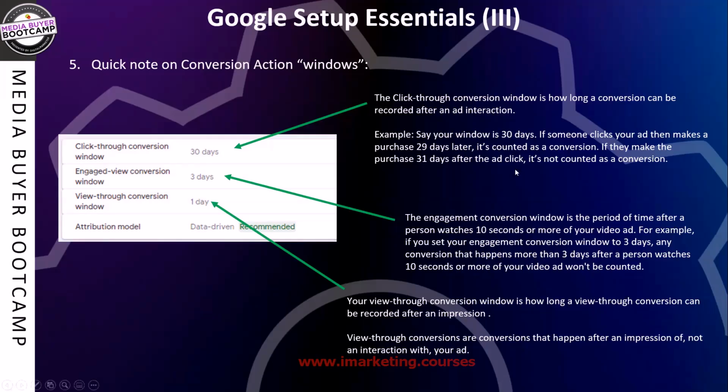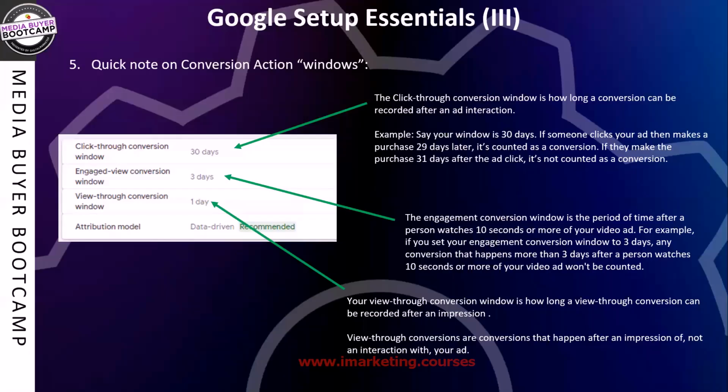You're going to leave the view through conversion to 1 day and leave the attribution to data driven. There are lots of different attribution models available: last click, first click, linear, etc. Well, we just leave that to data driven. In other words, what that means is that Google is going to measure the conversions based on the volume of data it is seeing through that particular campaign.